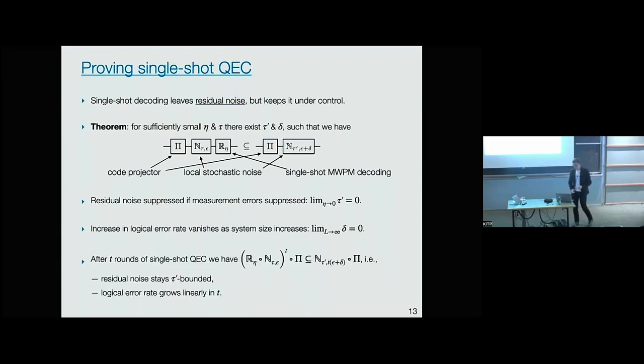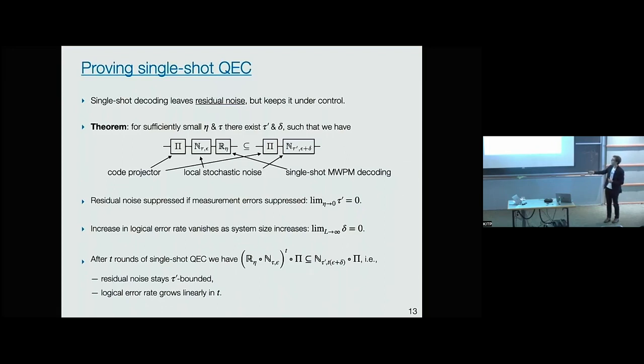So with this theorem, we can ask what happens if we implement t subsequent rounds of single-shot error correction, and we get some inclusion as well. And what is interesting to note is that the residual noise stays tau bounded, no matter how long, for a very long time. It is kept under control.